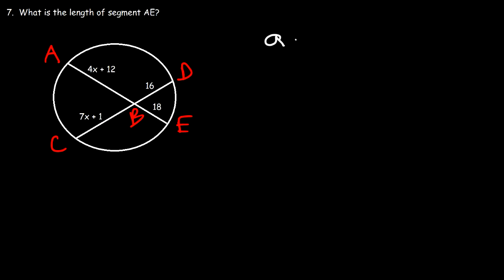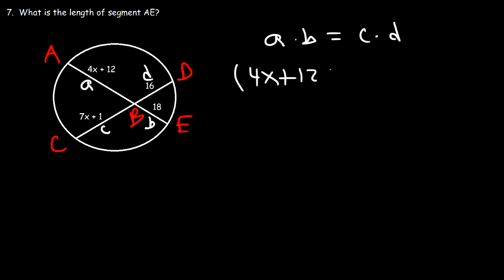So A times B is equal to C times D, where let's say this is A, this is B, this is C, and this is D. So A is 4x plus 12, and B is 18. And so that's equal to C, which is 7x plus 1, times D, which is 16.